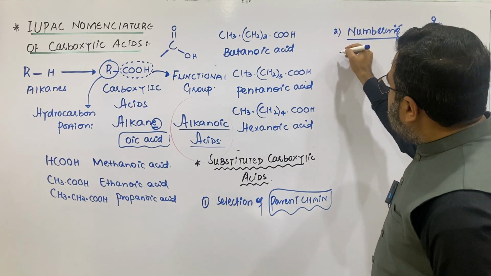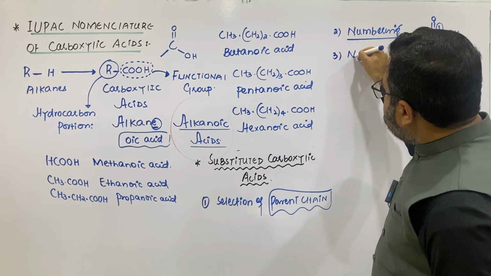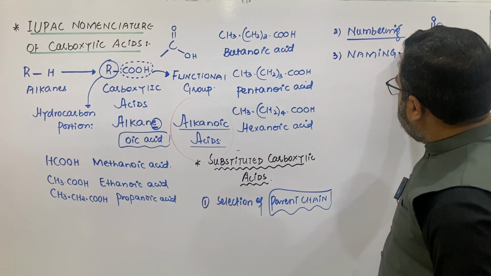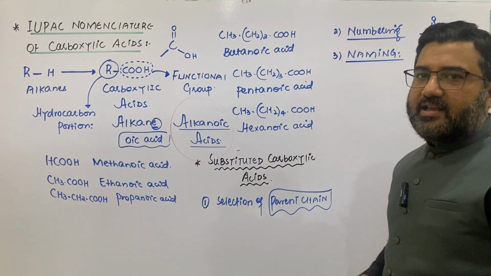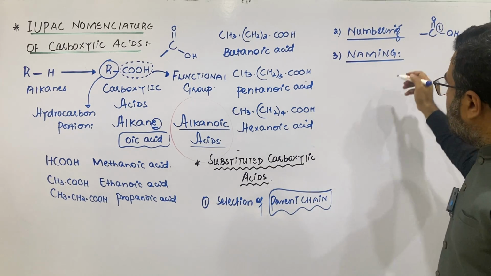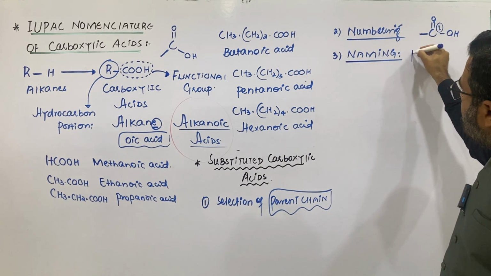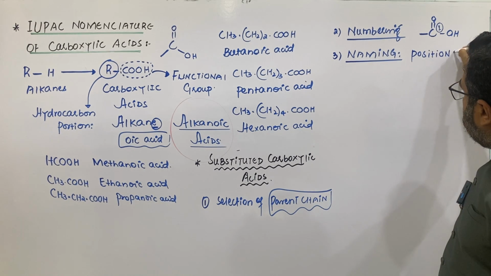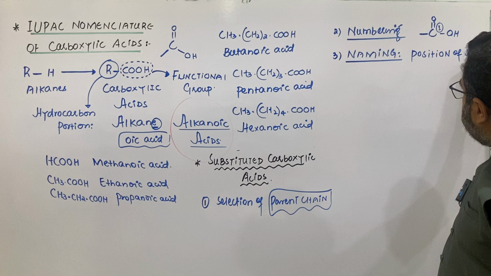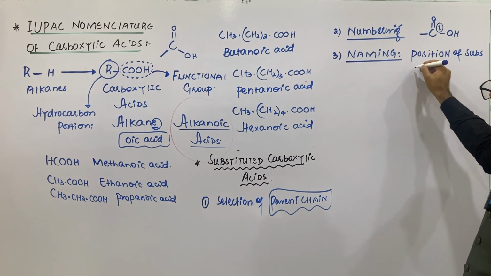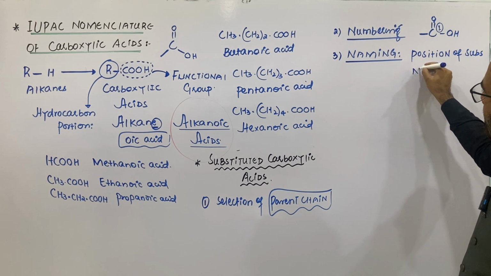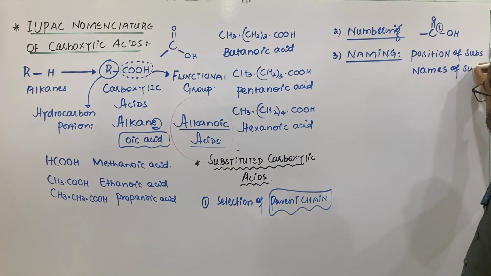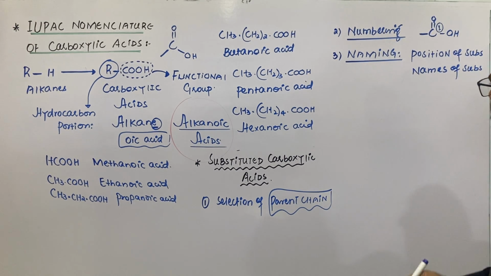After numbering, the third step will be naming. In the naming, again, you will mention the position of the substituents, and you will also write down the names of the substituents in alphabetical order.